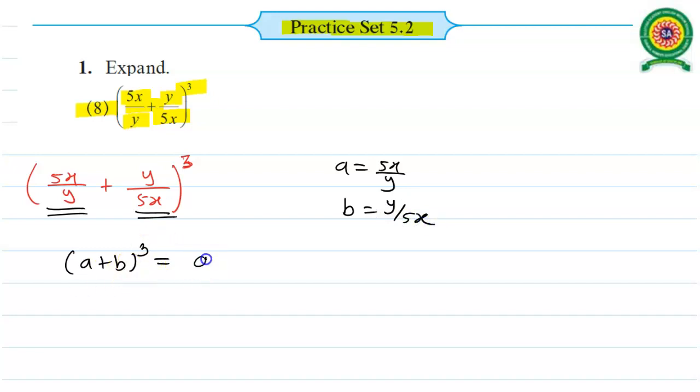So a plus b the whole cube expansion is of the form a cube plus 3a square b plus 3ab square plus b cube.